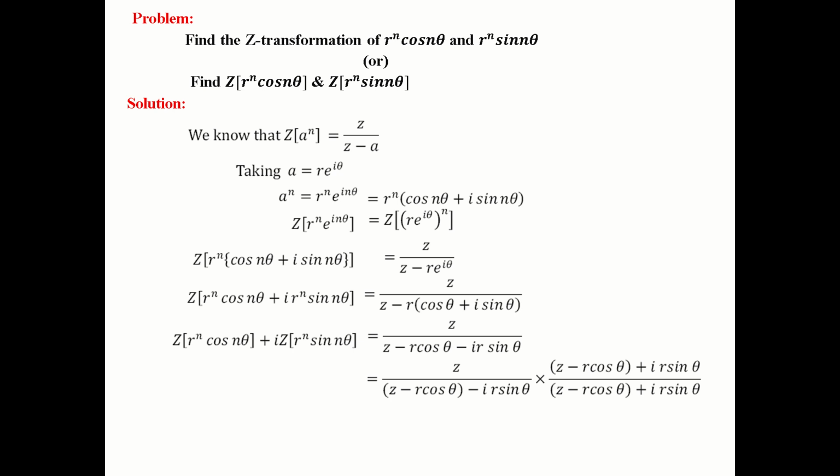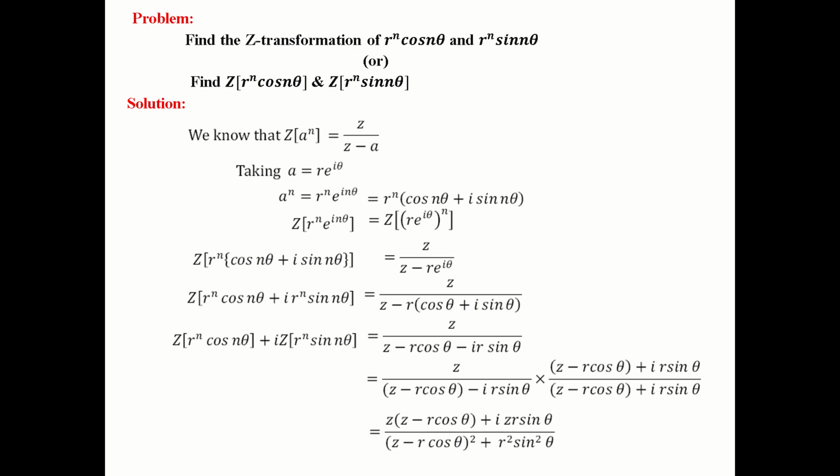So multiplying the conjugate with the numerator and denominator, you will get z into z minus r cos theta plus i into, multiplying with both the terms, z into r sin theta, divided by, in the denominator we are using the (a plus b) into (a minus b) formula.